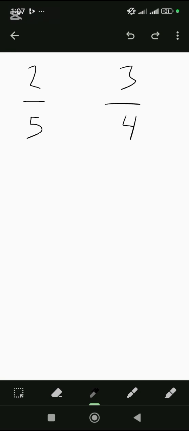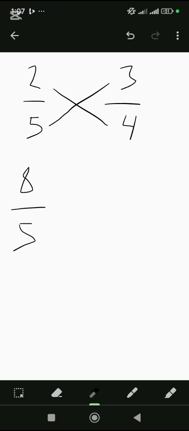The first one, in this case, when we have something like this, we can cross multiply. And so when we cross multiply, 4 times 2, we are going to have 8, and that will be 8 over 5. And when we have 5 times 3, we are going to have 15, and that will be 15 over 4.